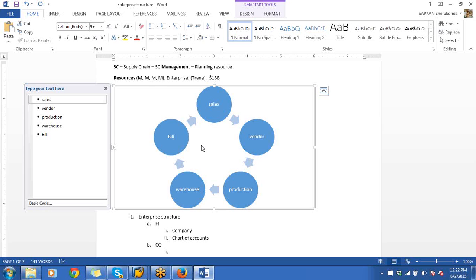Any external agency, external entity is also either giving you a dollar or taking a dollar from you. That is finance.